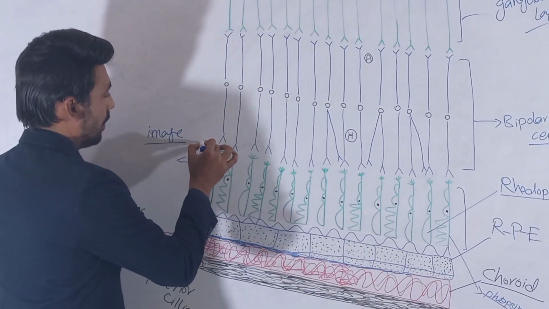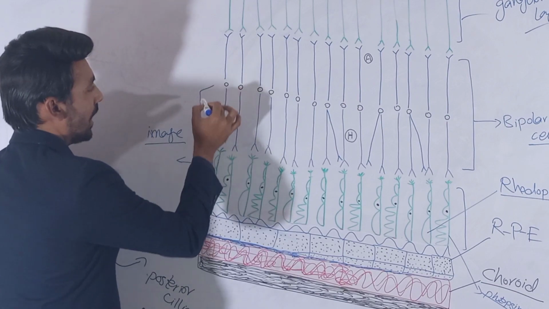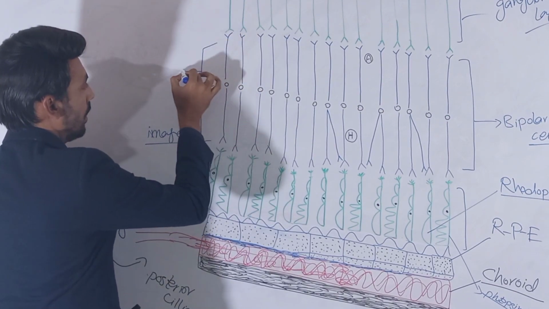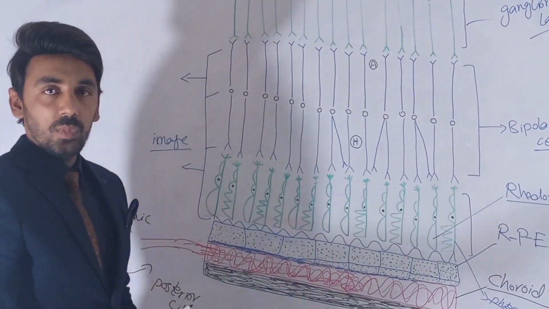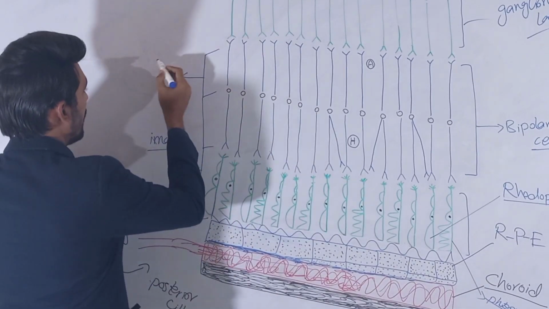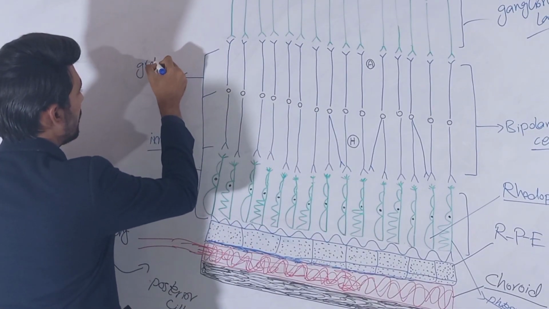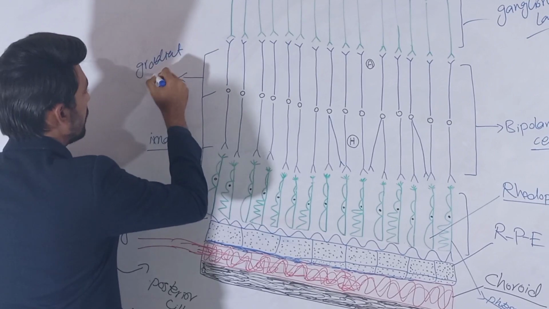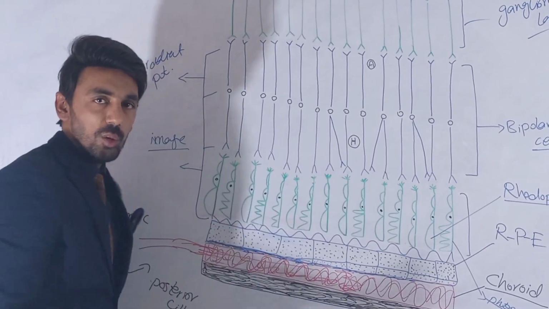And when it moves towards the bipolar cells, it will remain the same, the gradient potential or the local potential.